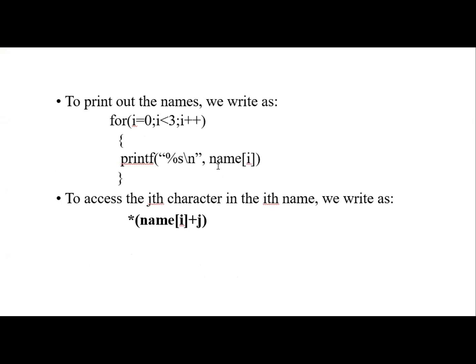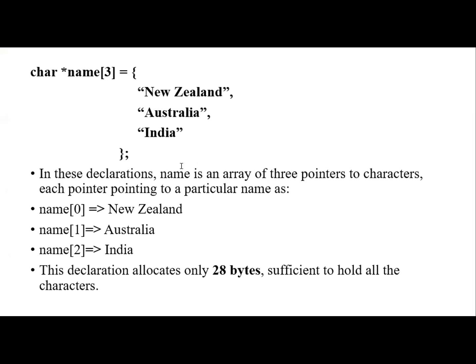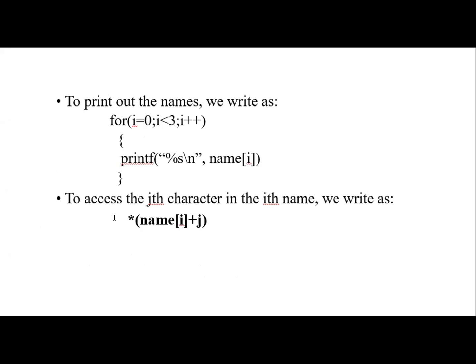That's what I did here. Name of i: if it is 0, first row, and name of 1, name of 2. But if you want to print one by one, if I want to print N, then E, then W, then Z, then E individually, then you can say star of name of i plus j. Then instead of %s, it has to be %c.